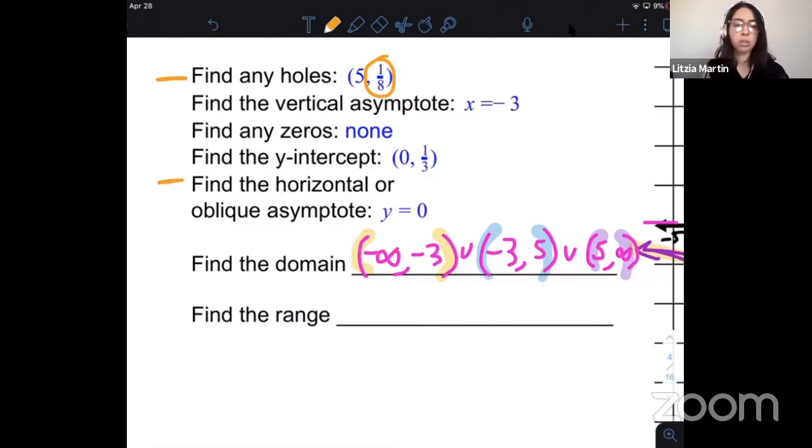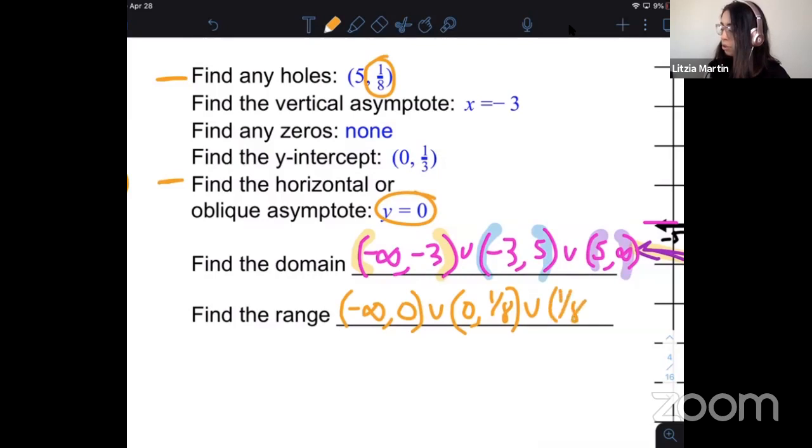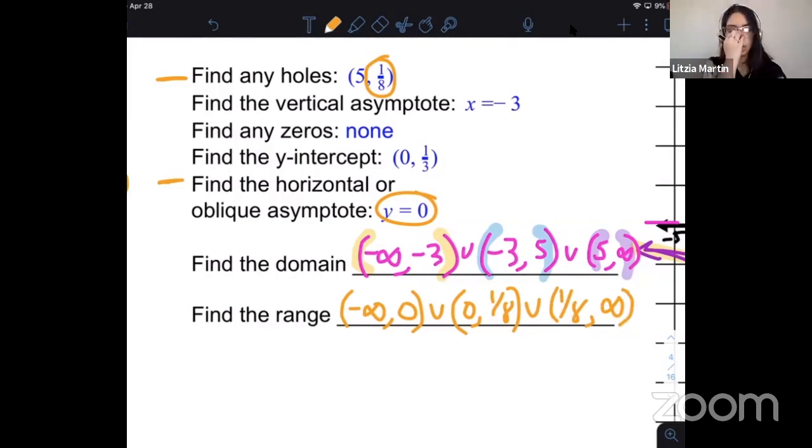And our horizontal asymptote has a y value of 0. So we'll put that in order from smallest to greatest. Smallest value in this case is 0. Biggest is 1/8. So we go from negative infinity to 0, union 0 to 1/8, union 1/8 to infinity.